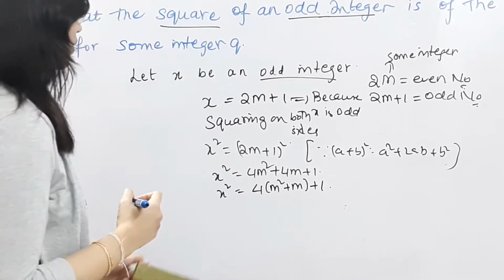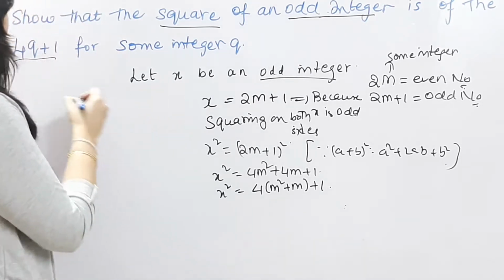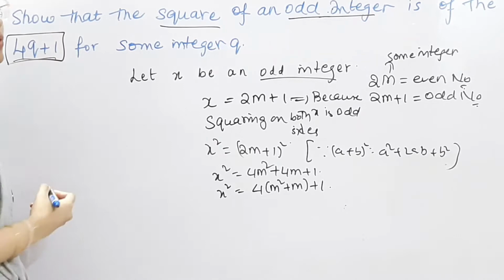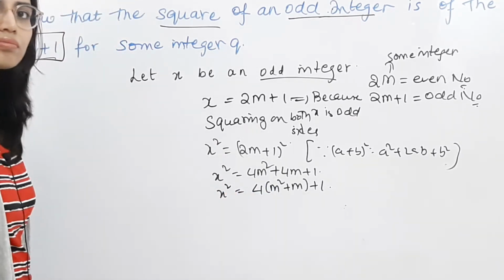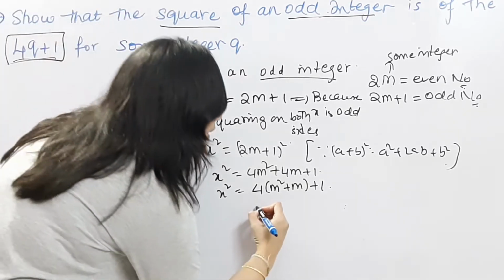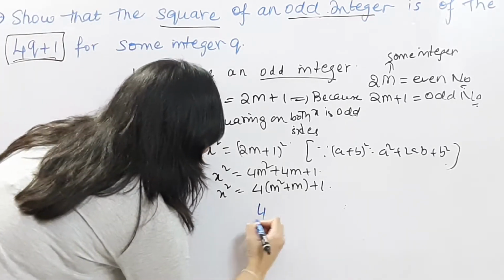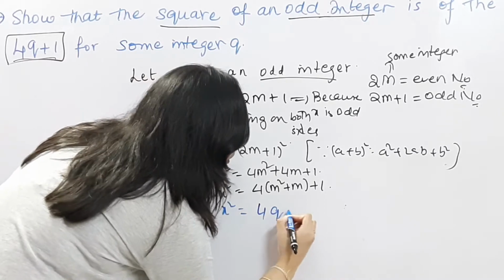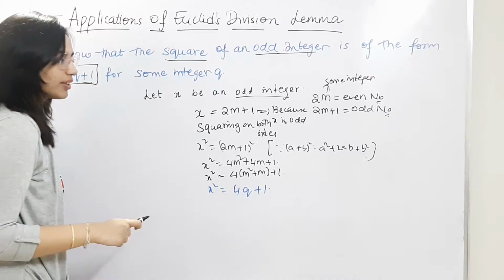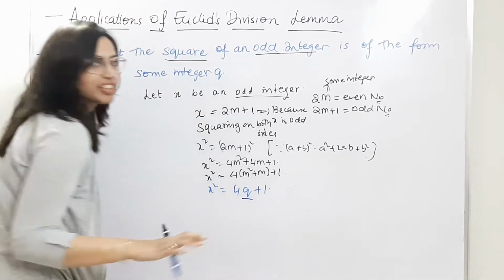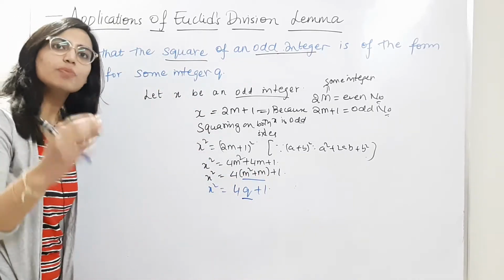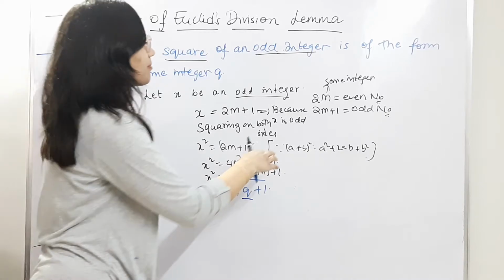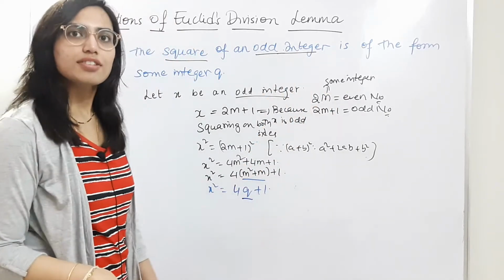Yes. Now, you know that this is the form that they have given in the question. Can we consider this as this form? How? Here, the form that they are asking you is 4q plus 1 and q is some integer, and m square plus m will also be some integer, right? Because m is some integer that we considered.